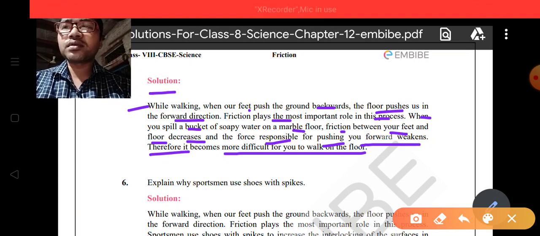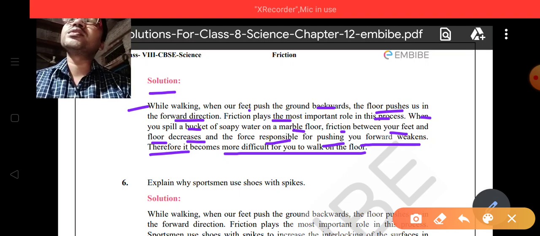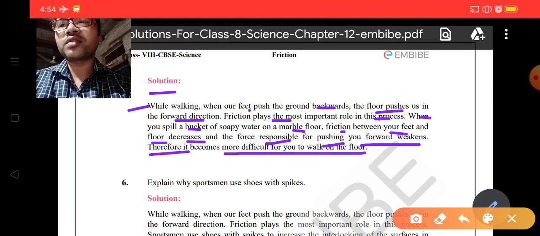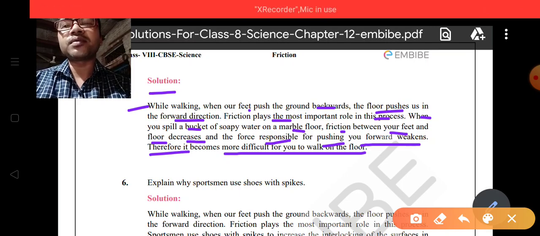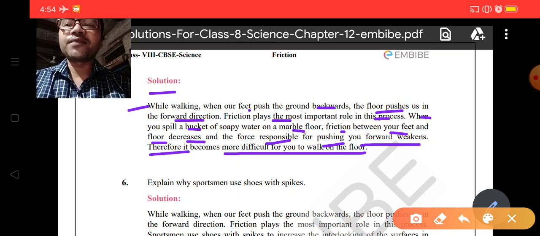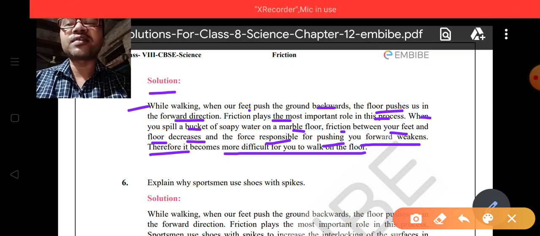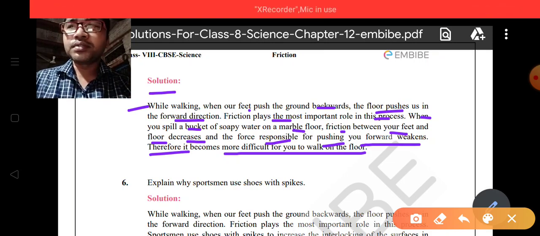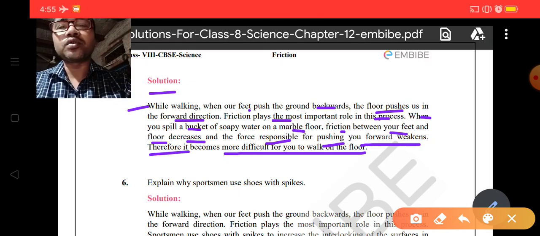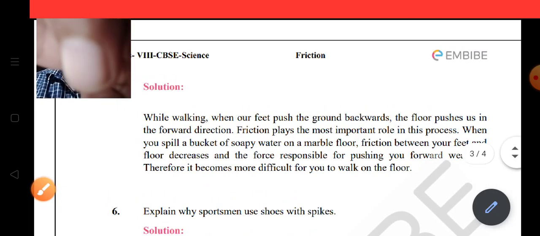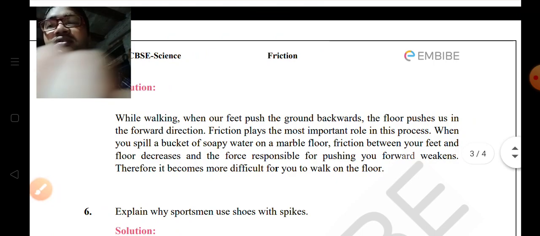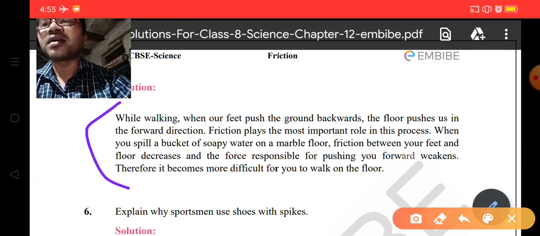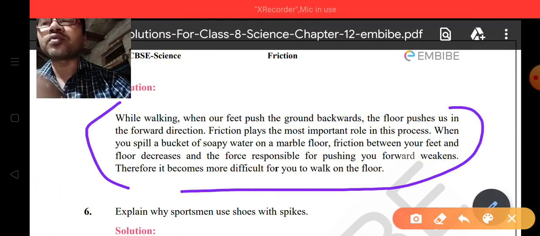So if soapy water is spilled on a surface and someone is trying to walk on that surface, then the friction between the feet and the surface will be very less and he will fall down. So this is the answer of the question. You should note it down in your copy. You can see it here in quite large text, and this is the answer of question number 5. So try to note it down in your copy.